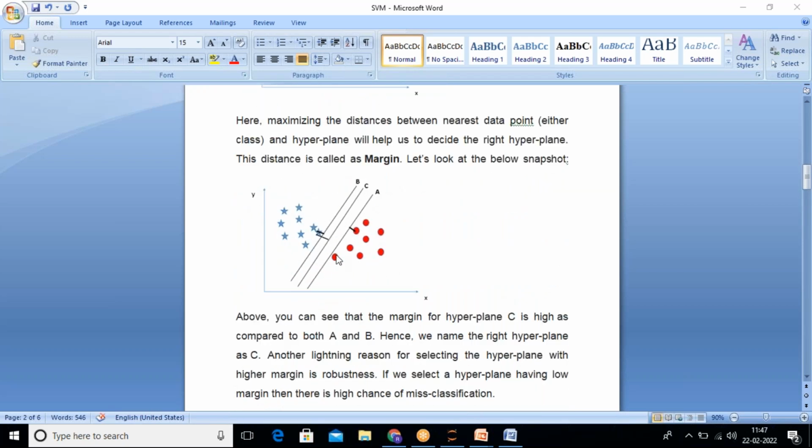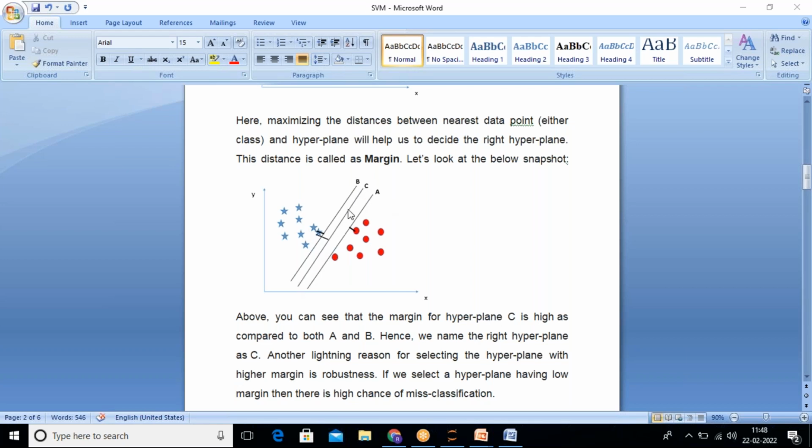See, here C is considered if you take the first two red balls as the support vectors, and here one star as the support vector, and we draw two lines to create the maximum margin. C is the actual hyperplane.